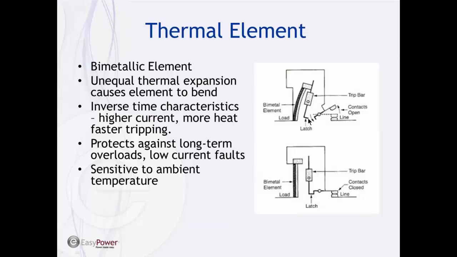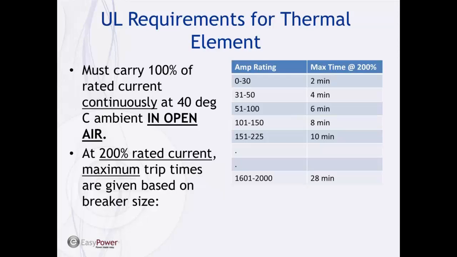All right, as far as how the thermal element has to work and what the requirements are for that, we can look at the UL requirements. And this basic one may surprise you a little bit: a UL listed molded case circuit breaker must carry 100% of its rated current continuously at 40 degrees C ambient.